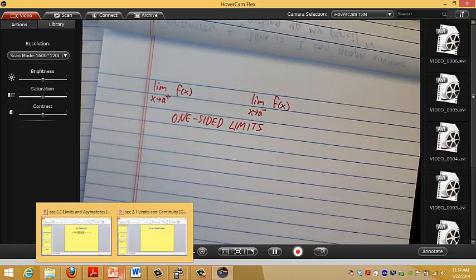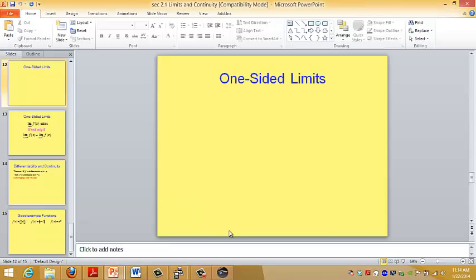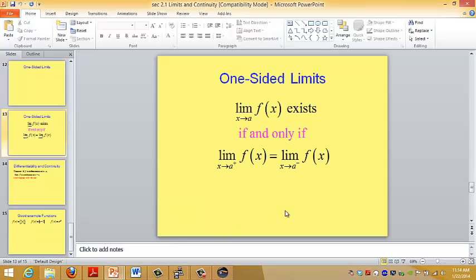But if I go back to this, here's the fact you need. The limit as x approaches a exists if and only if the right-hand limit equals the left-hand limit.